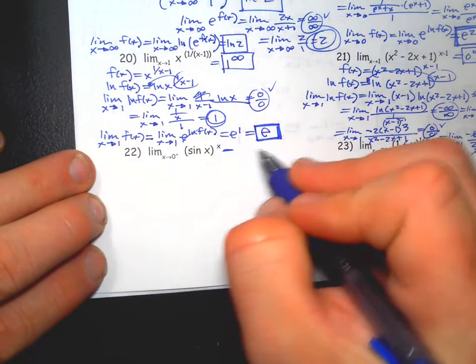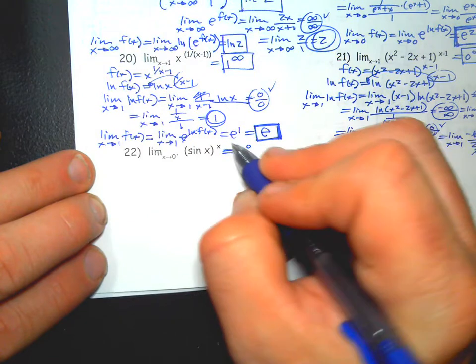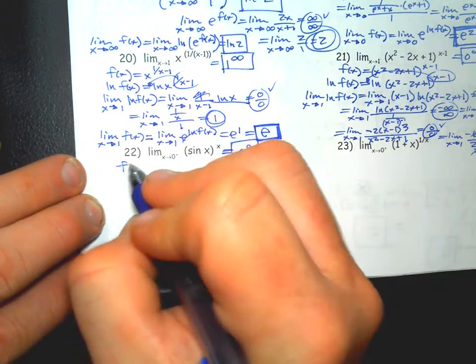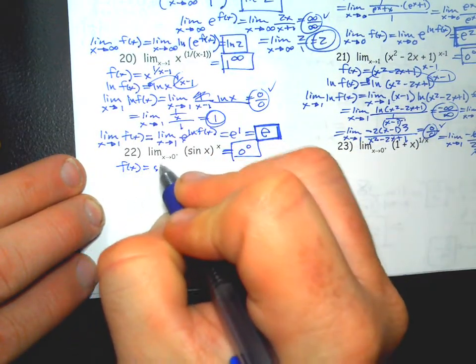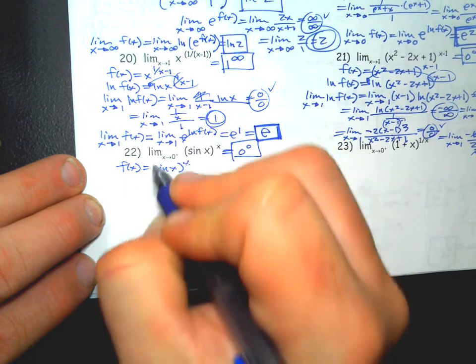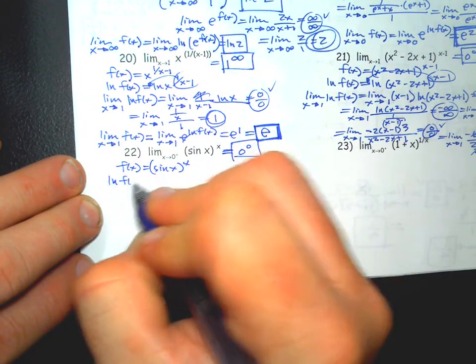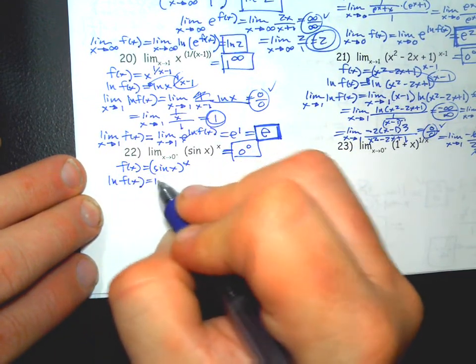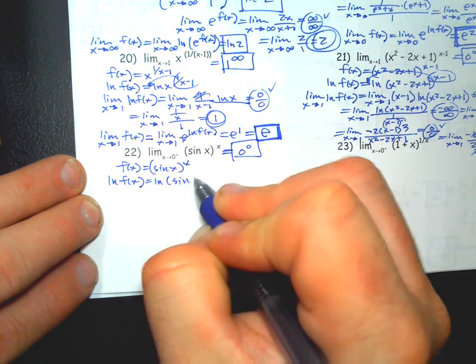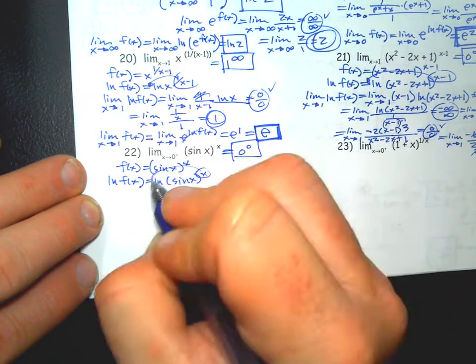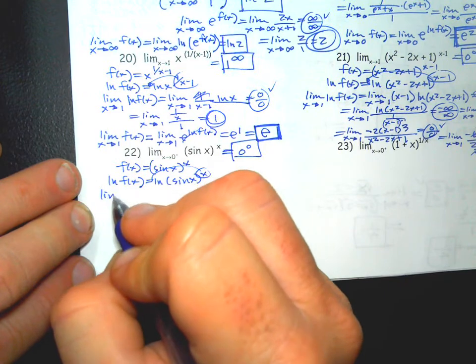This is going to be 0 to the 0. Natural log both sides. Log rules. Limit of the new expression.